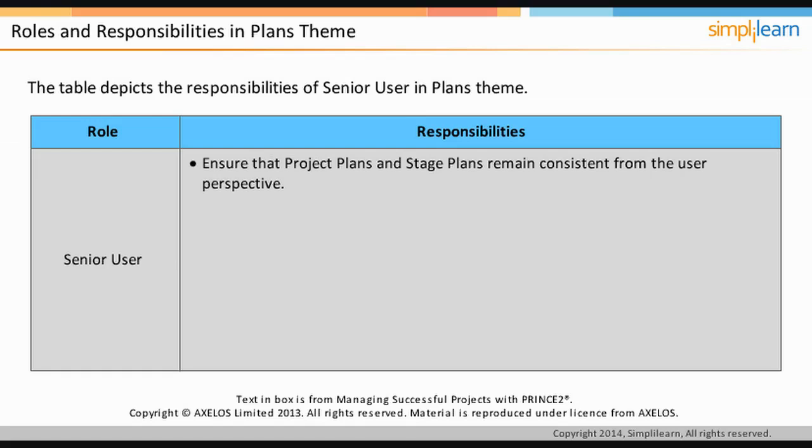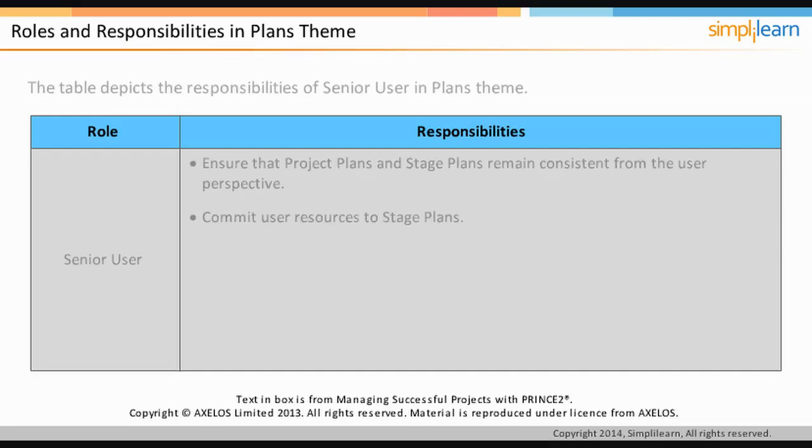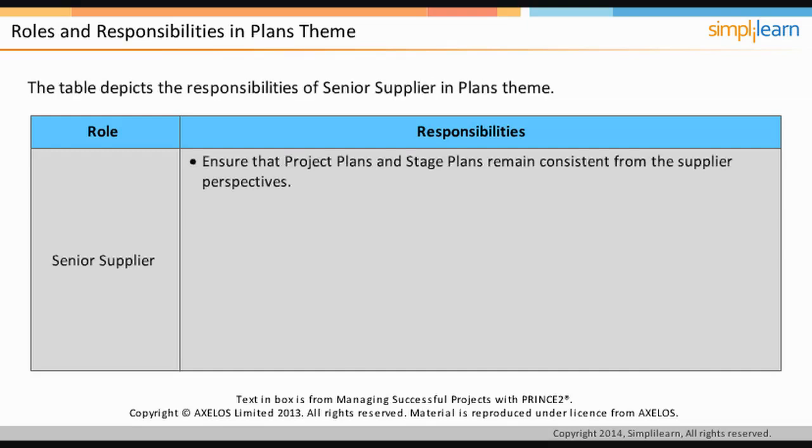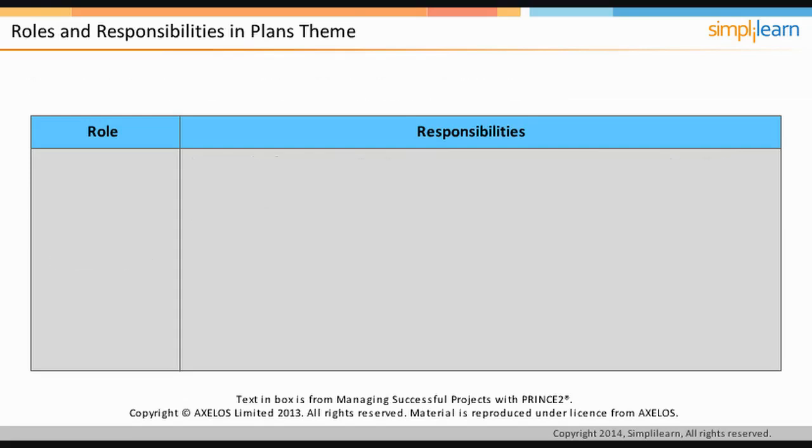Senior users ensure that project plans and stage plans remain consistent from the user perspective and commit user resources to stage plans. The senior suppliers ensure that the project and stage plans remain consistent from the supplier perspectives and commit supplier resources to stage plans.